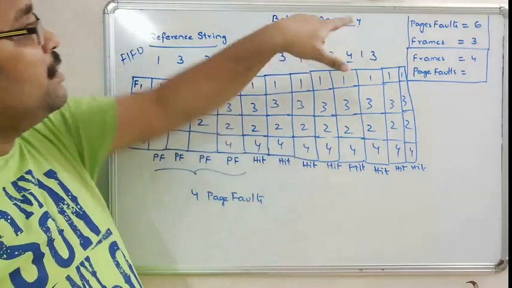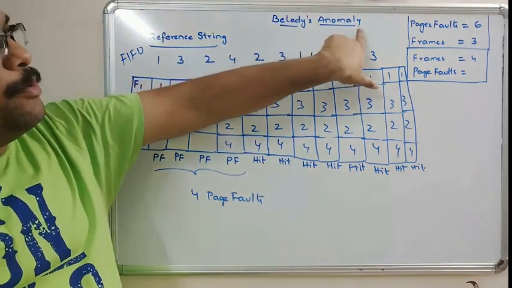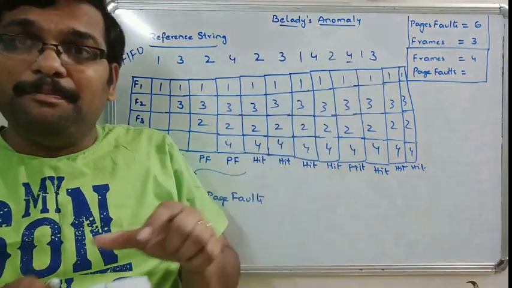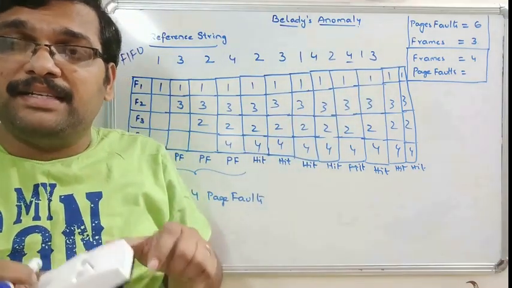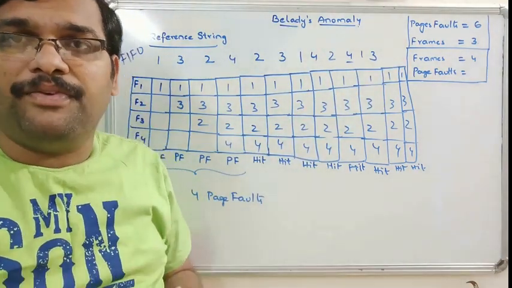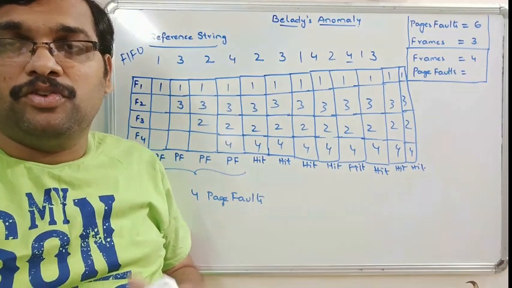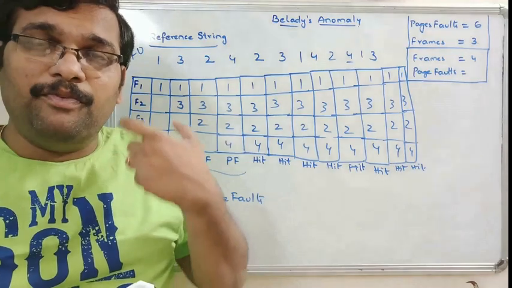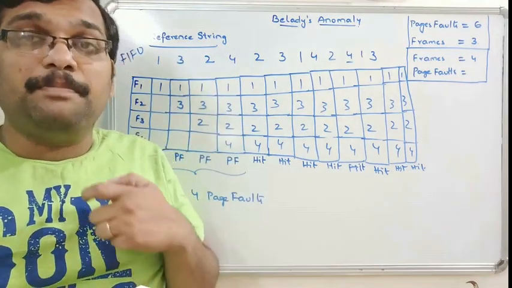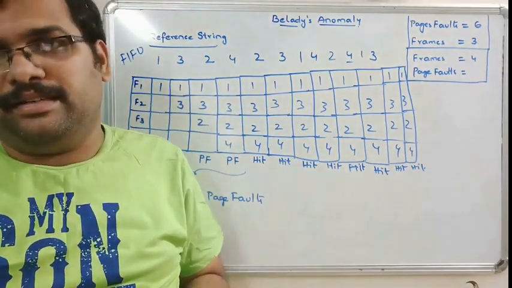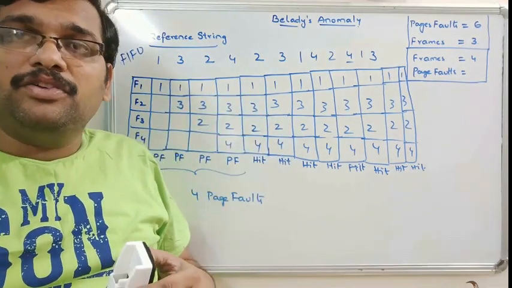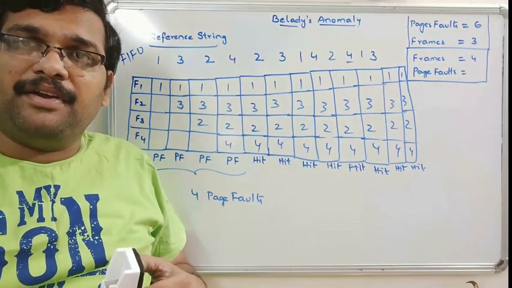But this is a problem we will get in FIFO: it may not reduce the page faults with the increase of frames. In some reference strings, even though we are increasing the frames, the page faults may also increase. Let us see such an example so your doubts will be clarified.